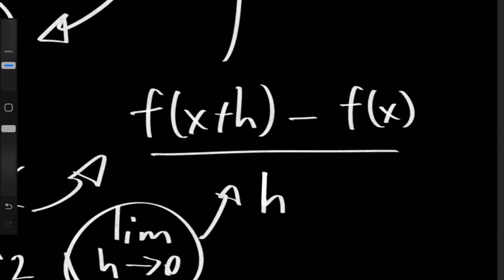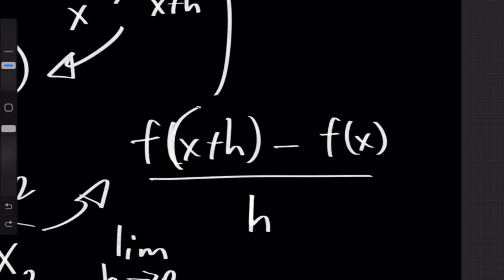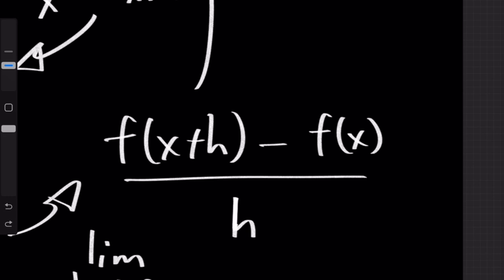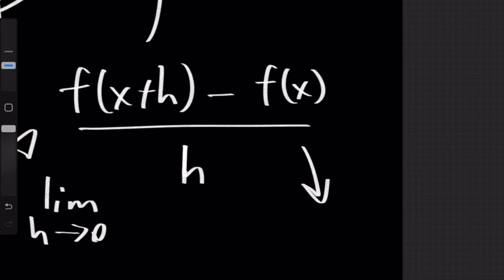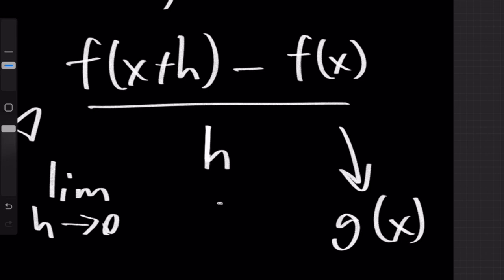Well, we can't divide by 0, so how does that work? If you plug in this for x and solve this entire thing, it should cancel, leaving you with some function g of x. That's going to be the derivative, and you replace h with 0 when h cancels.